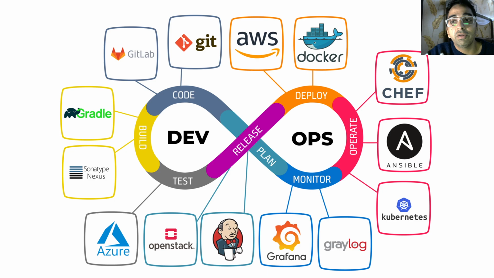Now this is a very interesting picture, and many people might have seen this. Why is DevOps getting more popular nowadays? If you talk about 5 years ago or 10 years ago, I'll take a very basic example. Suppose you want to deploy an application to production.